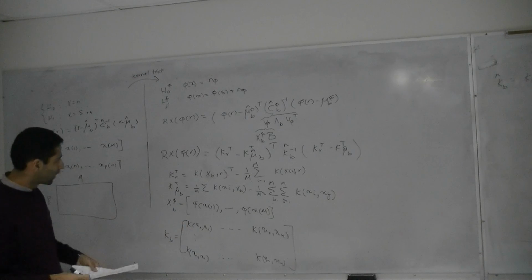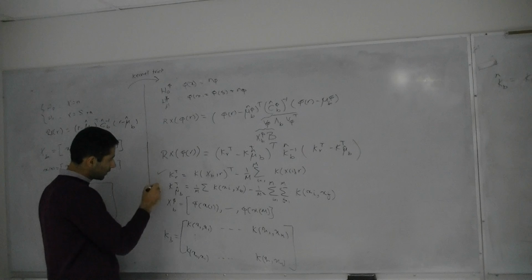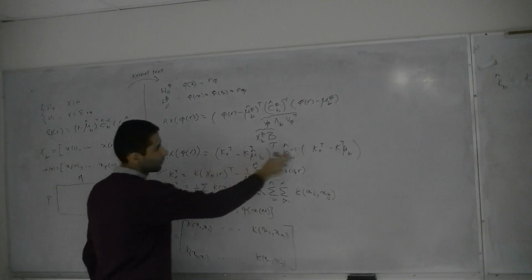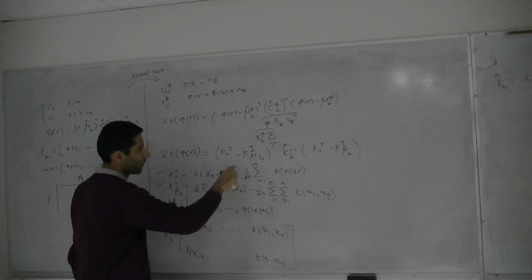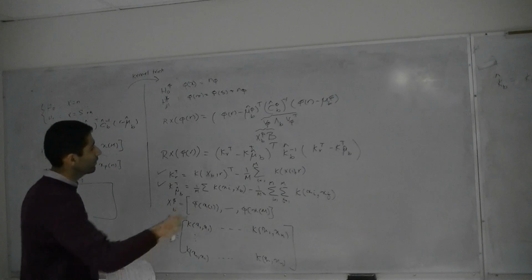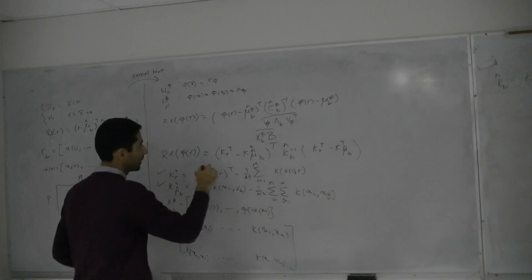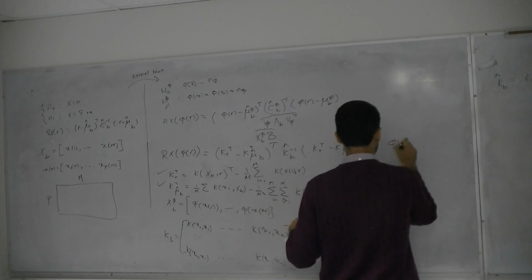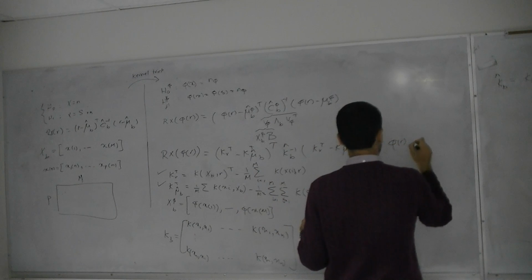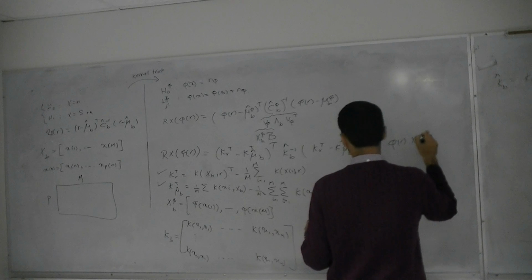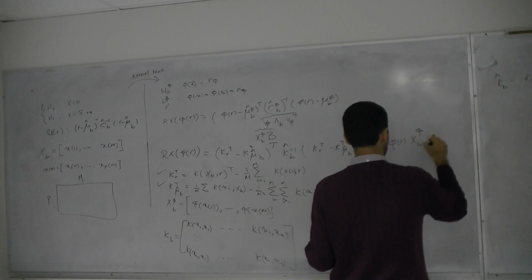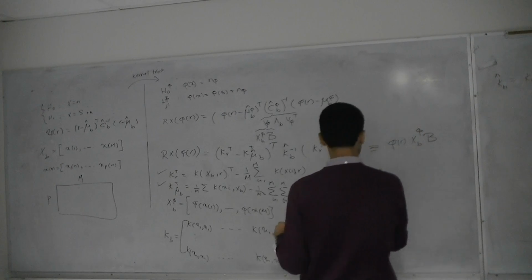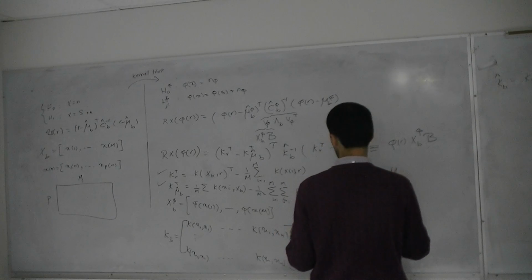And if we calculate these two values and put them here, this one is equal to phi r x b at b, and this one is mu hat b phi.